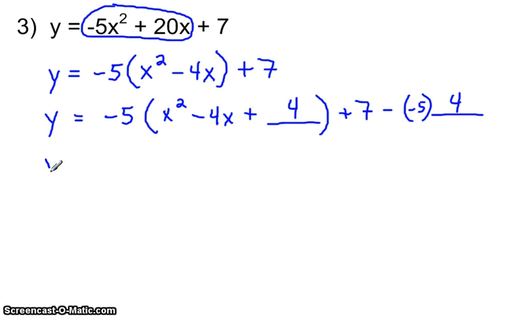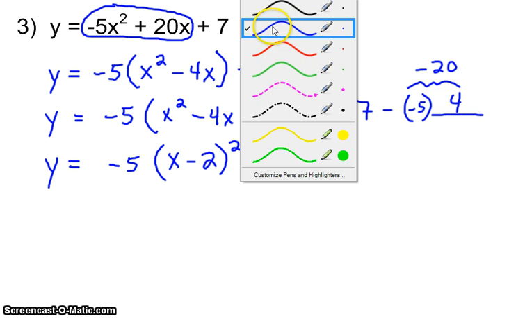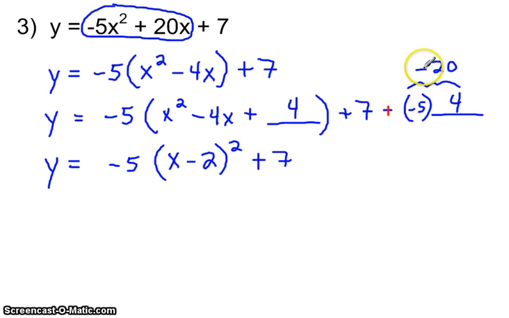So let's do this. y is equal to negative 5. In factored form, this perfect square trinomial is x minus 2 squared, because negative 4 divided by 2 is negative 2. We've got the plus 7 on the outside, and then negative 5 times 4 is negative 20. So 7 minus a negative 20 would be like adding 20.